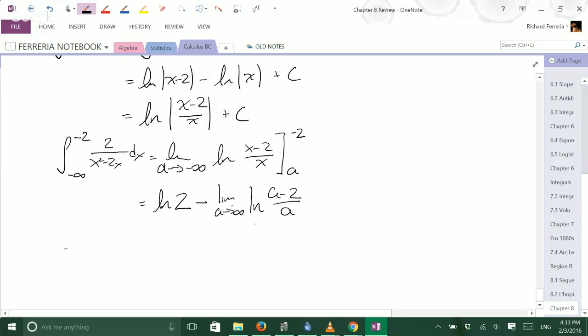Okay, so the natural log of that. Let's talk about what's going to happen here. The natural log, we're going to apply it after the limit. So really, we're going to do the limit first, and then we're going to do the natural log. Basically, the only thing that needs the natural log is this part, a minus 2 over a.